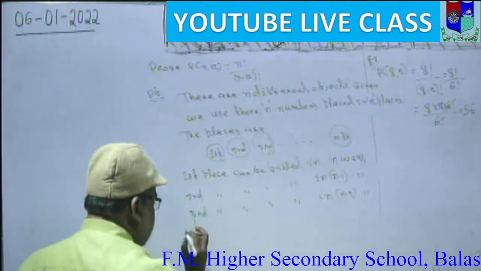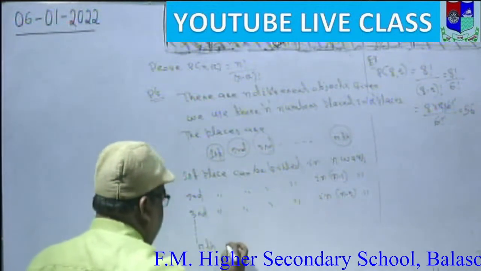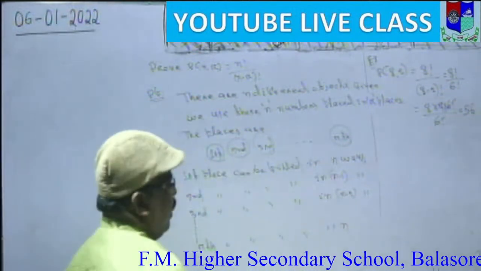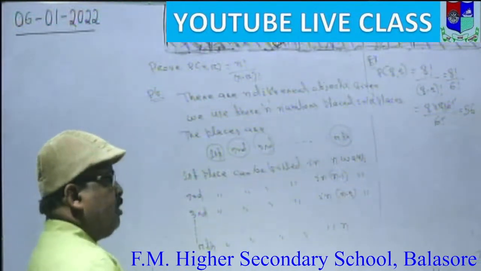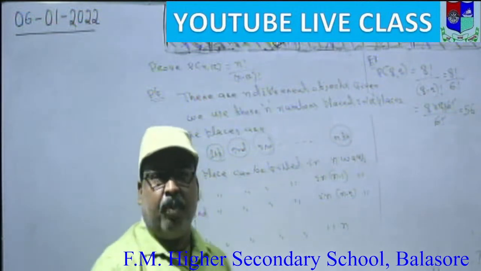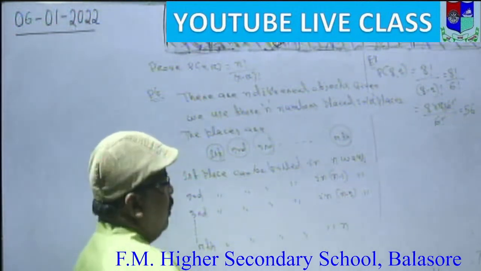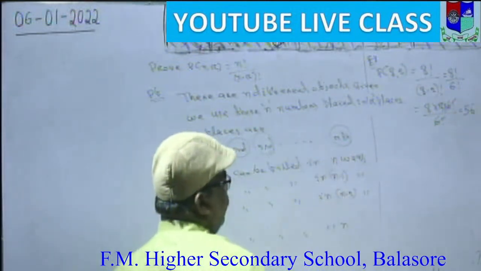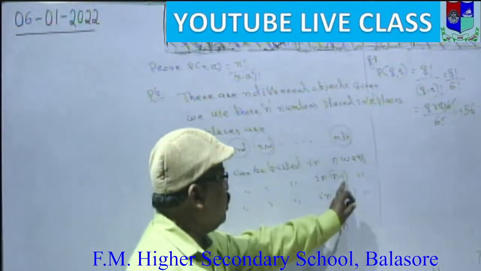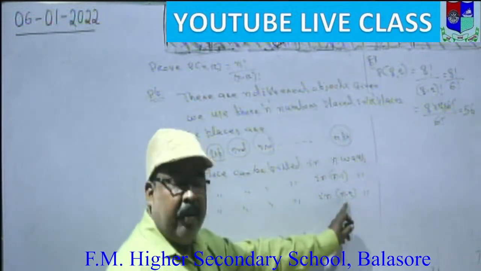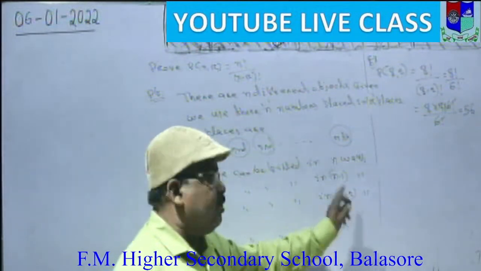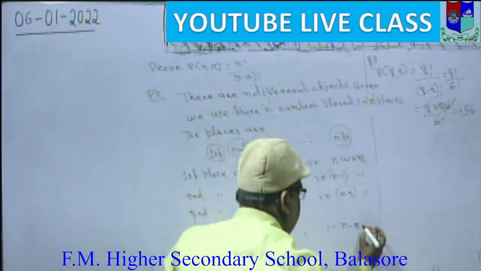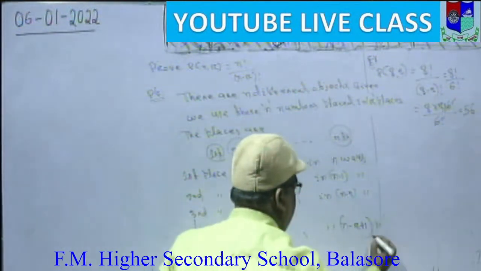Like this, rth place can be filled in how many ways? Not n minus r, but n minus r plus 1 ways. Why? The first place has n ways, the second value n minus 1 means n minus 2 plus 1. Third value n minus 2 means n minus 3 plus 1. So rth place will be filled in n minus r plus 1 ways.